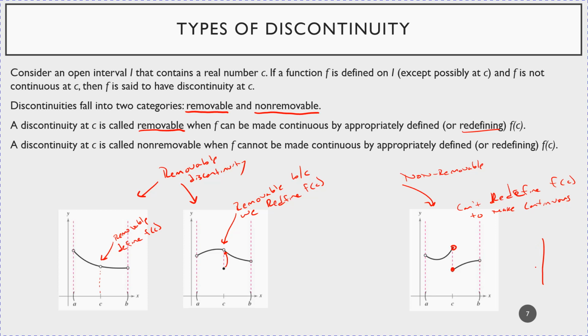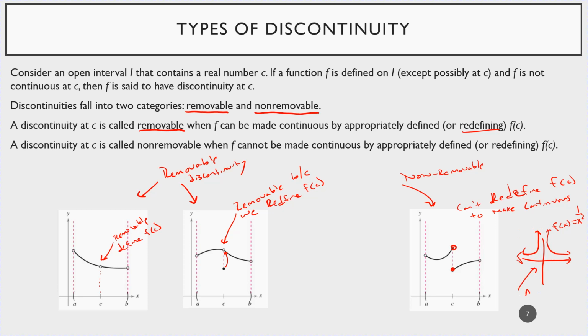Here's another one. If you look back at f of x equals 1 over x squared, both sides butt up against a vertical asymptote. Whenever you have a vertical asymptote that you butt up against, there's no way you can redefine it so that it makes it continuous. So this is another example of non-removable.